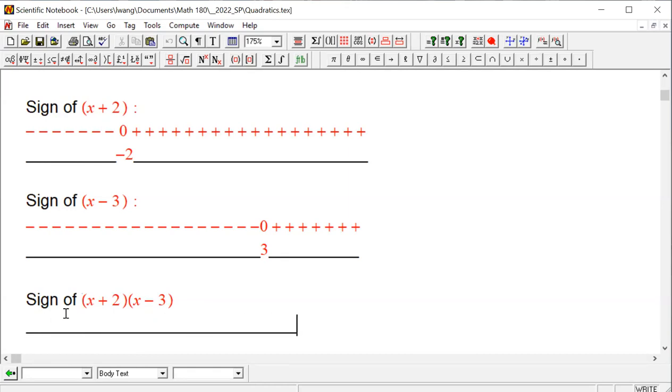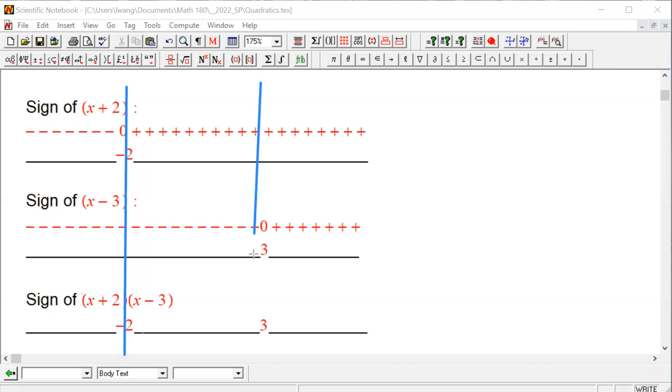On this line, I basically have 3 number lines, but they're really just for observation. So -2 is here, number 3 is here. I made them line up. 3 is larger than -2, so I reflect that on my number line.